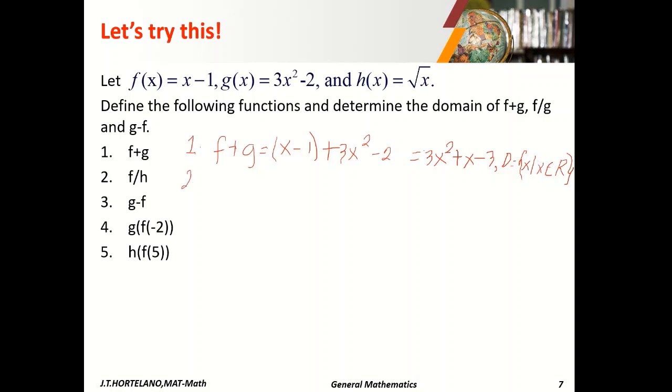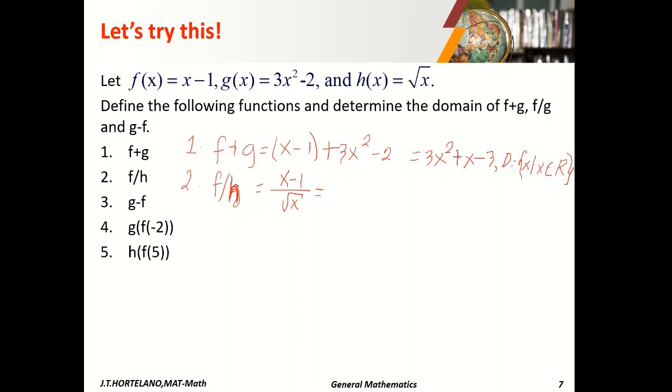Next, number 2, f over g. So this is the quotient of two functions. So this is x minus 1 over our, sorry, should be h. f over h. So our h is the square root of x.